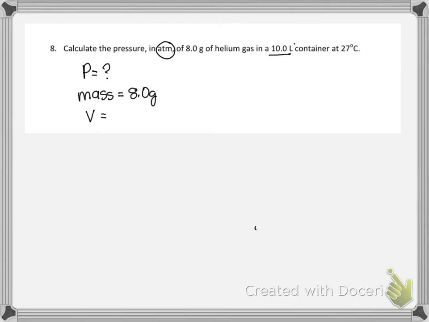Liters tell me it's the volume, at 27 degrees Celsius. Your book adds 273.15, but looking at the key I gave you, I usually add just 273. So 300. That's what I'm going to do so we can get close numbers.